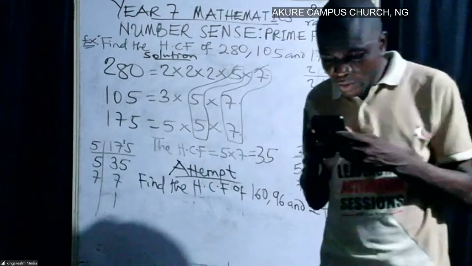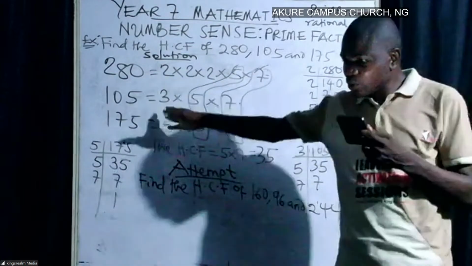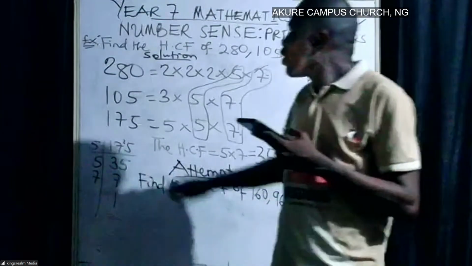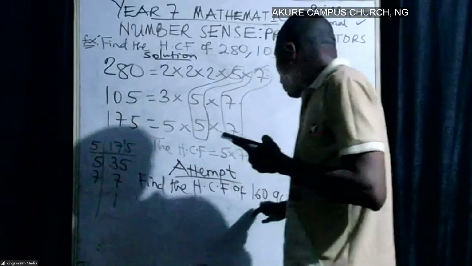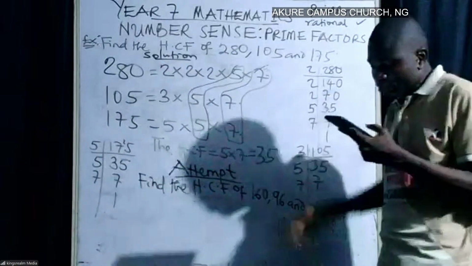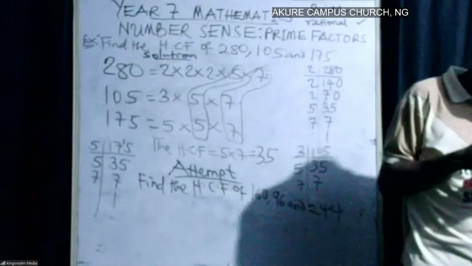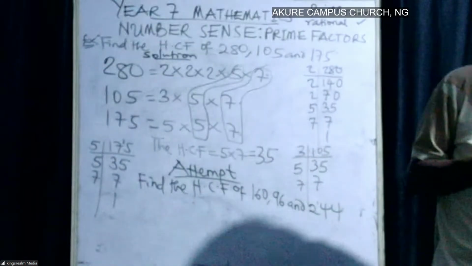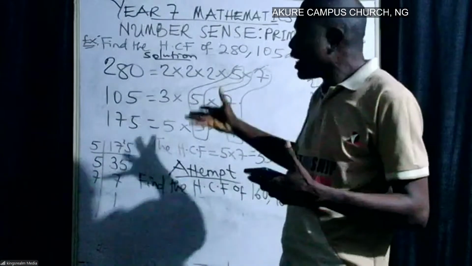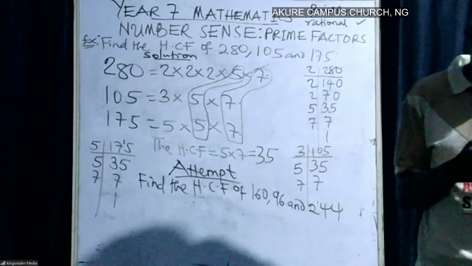You did not follow the procedure I asked you to use. I want you to follow this procedure. See the way I've done it. You will express each of the numbers like this, as prime factors. Start multiplying. Then look for the ones that are common. So do it again. Follow the steps. The way we have done the example, you will get it. Just break the numbers down into their prime factors.